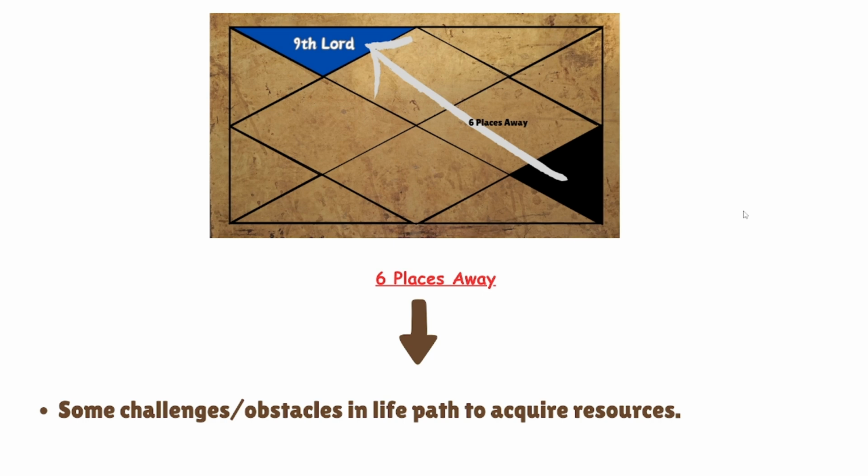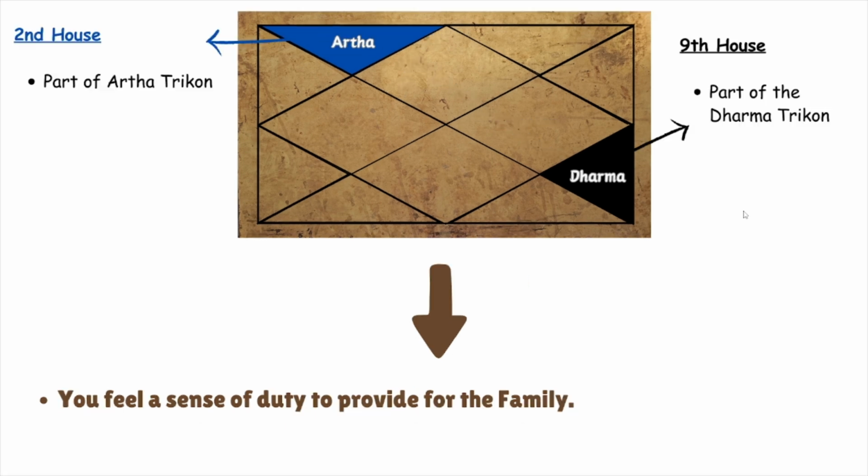So with the ninth lord going into the second house, you can definitely gain wealth, but again you will have to face enemies, conflicts, litigation, all of these things. It is possible that you will face these challenges in your life path to acquire and accumulate your resources.